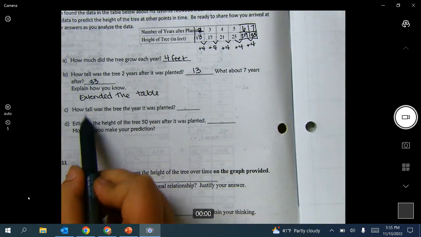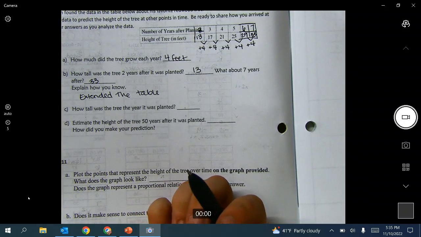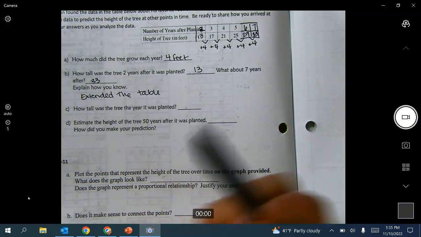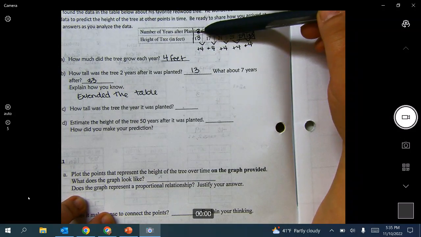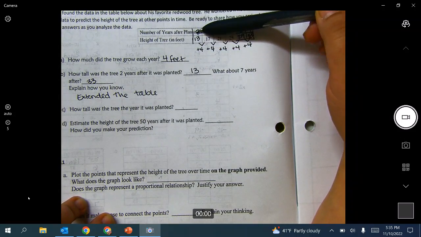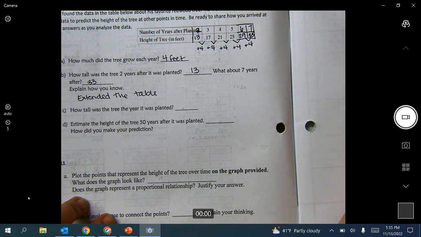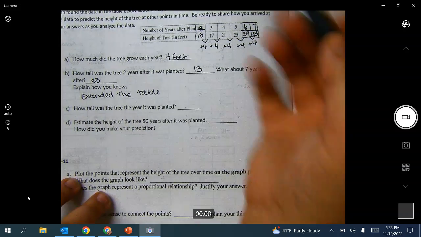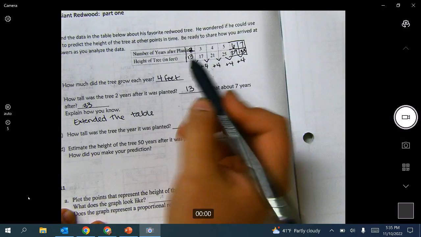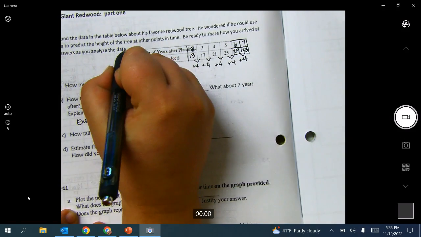All right, so now we want to go back to how tall was the tree the year it was planted, right? Because for the most part, if a tree is 13 feet 2 years after it's planted, it probably was not planted as a seed, right? It was probably started, like a potted tree that you plant. So I could continue going backwards here. So if 2 is at 13, I'll go over here.